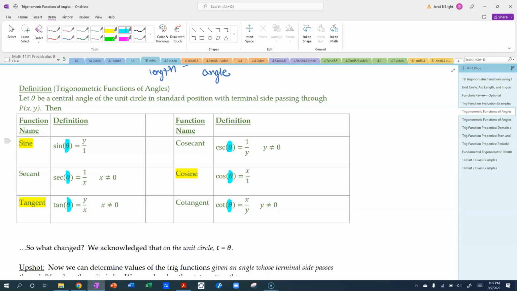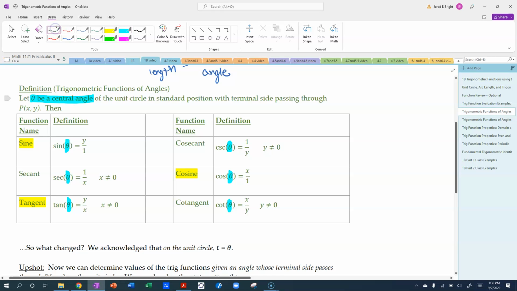The ratios that we have, y over 1 for sine, x over 1 for cosine, y over x for tangent, remain unchanged. It's just changing domain elements.